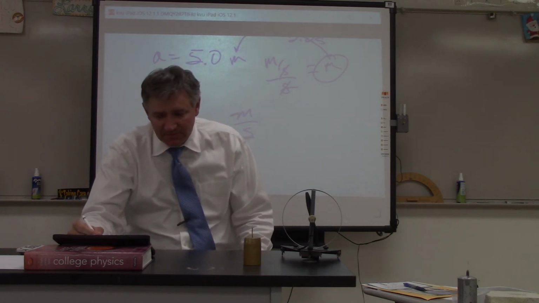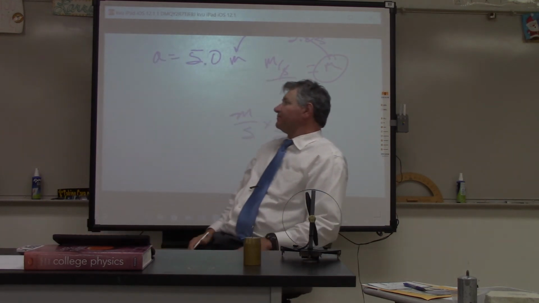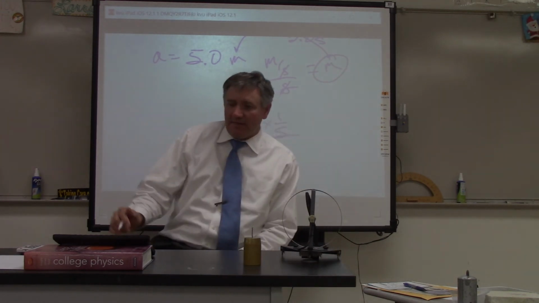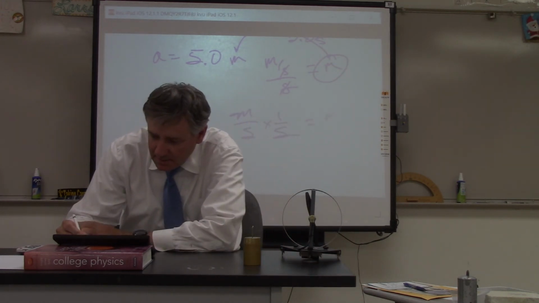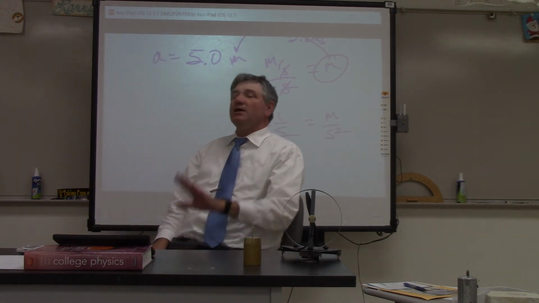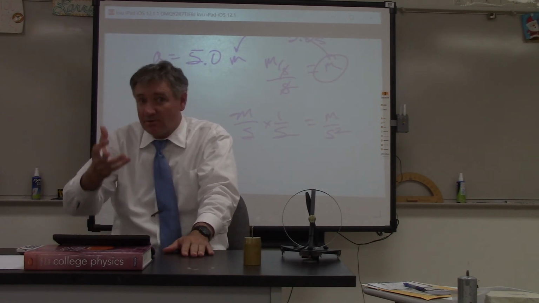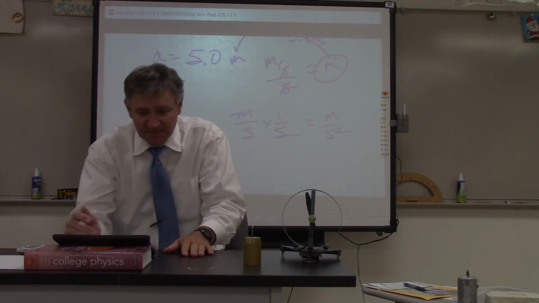So the reciprocal of seconds is 1 over seconds. So I've got meters per second times 1 over seconds, and that's going to get us meters per second squared. So if you're into algebra and multiplying by the reciprocal, that's cool. So we're going to have meters per second squared.